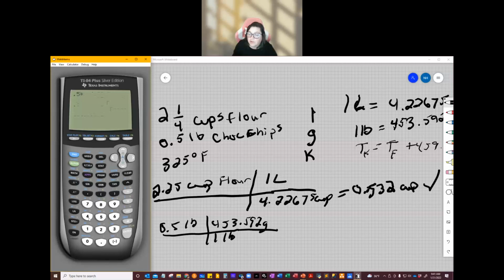Helps if you enter things right. 226.796 is my actual numerical answer, but my least number of sig figs is 1. So we're looking at roughly 200 grams, approximately 200 grams.